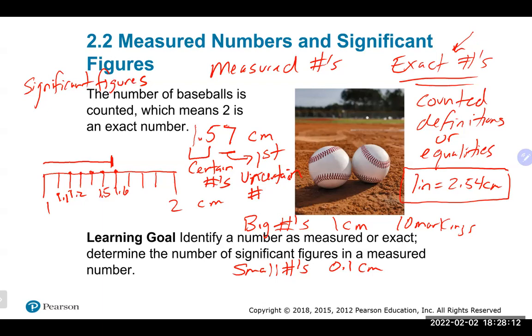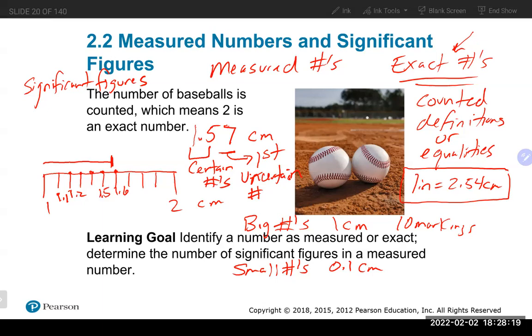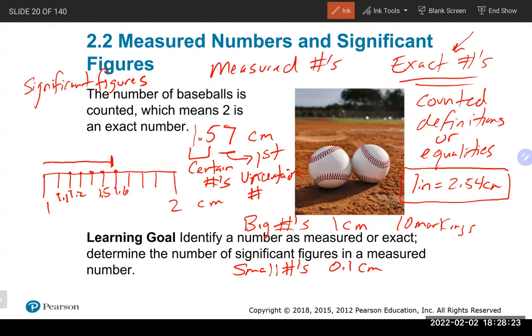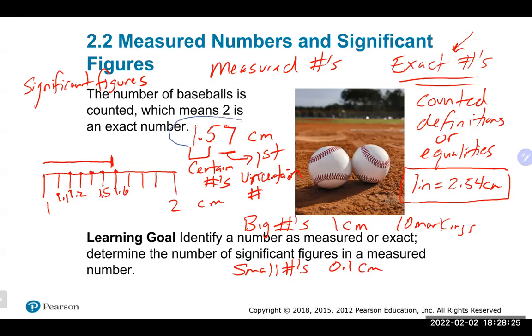So in a measurement, when you do that, that tells you how many significant figures there are. That means in this particular case, this would have how many significant figures? It would be 3 significant figures. I recorded all the certain numbers plus that first uncertain number. This guy here would have 3 significant figures.